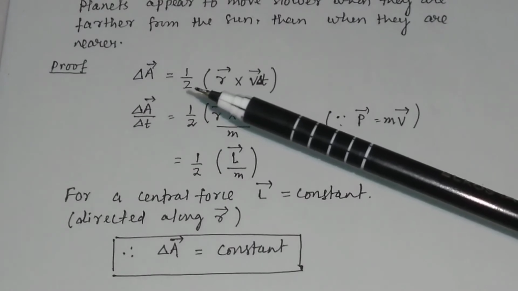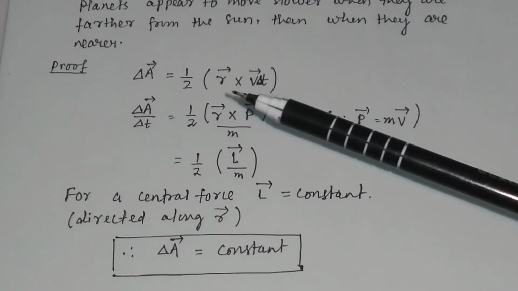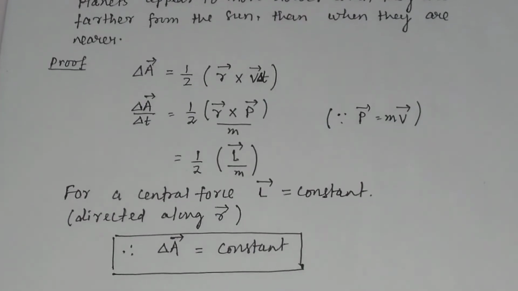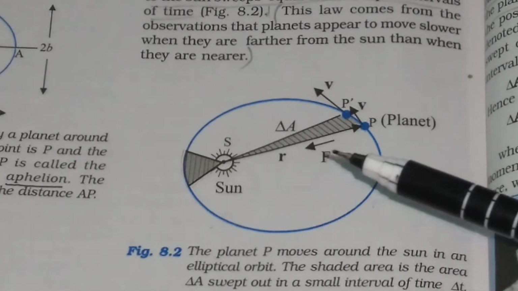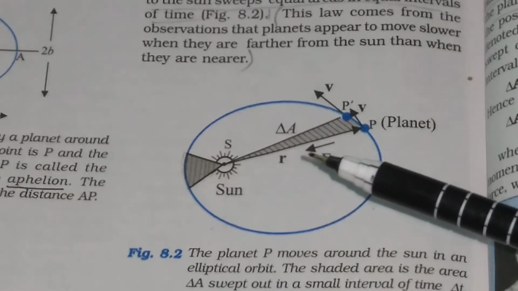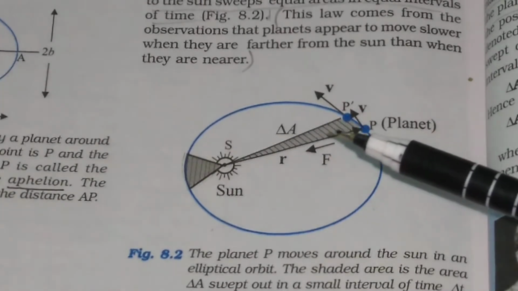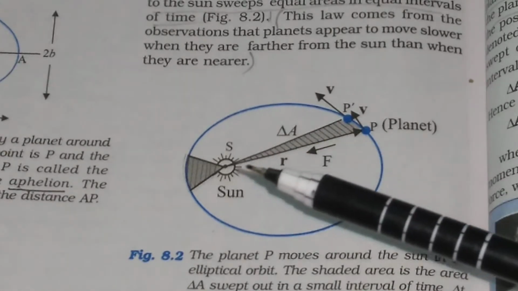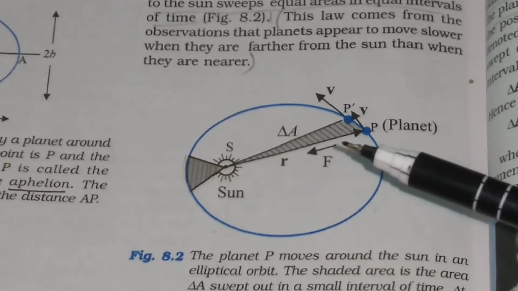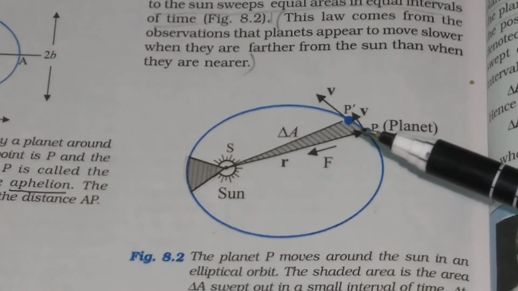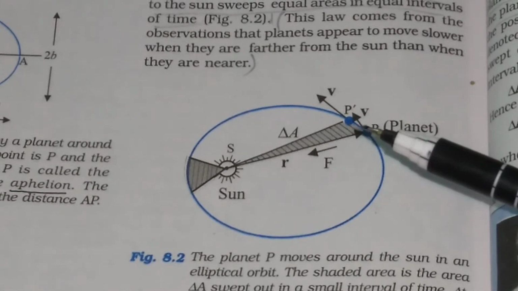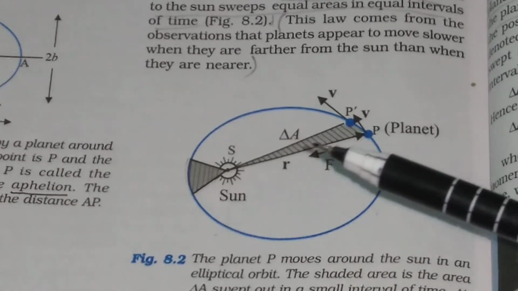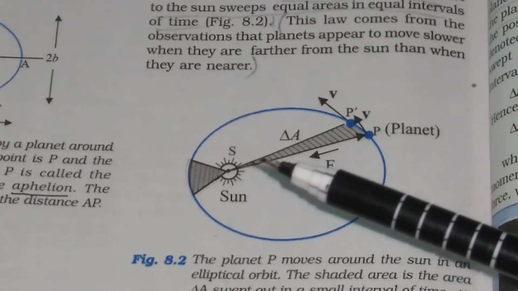And from the figure, delta A is equal to half into R cross V into delta T. This you can see from the figure, that is delta A, this area will be equal to half into this radius R into V delta T, because V delta T is equal to this length. So this length into this length into half will be this area.